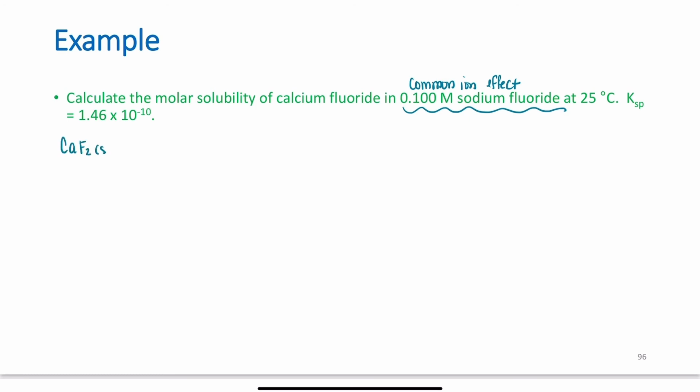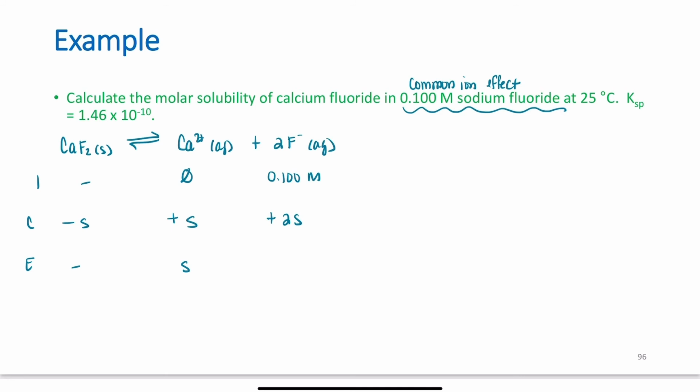So calcium fluoride, originally I don't have any calcium present. But for fluoride, I have 0.1 molar sodium fluoride, which is the same as 0.1 molar fluoride. Plus 2S, 0.100 plus 2S.